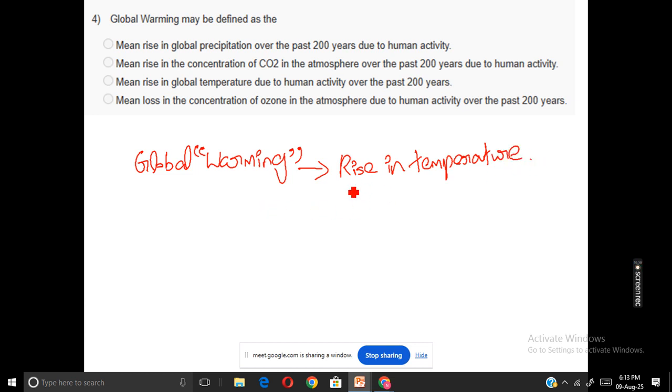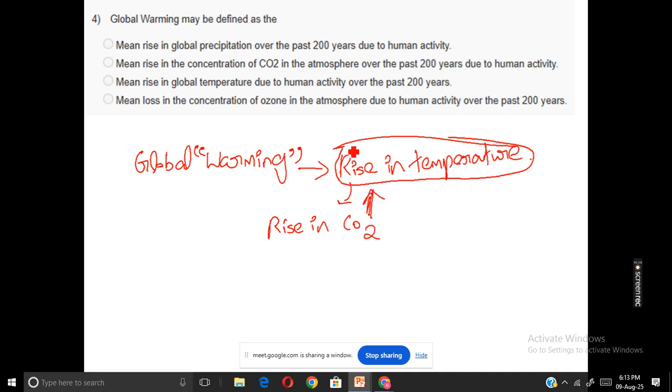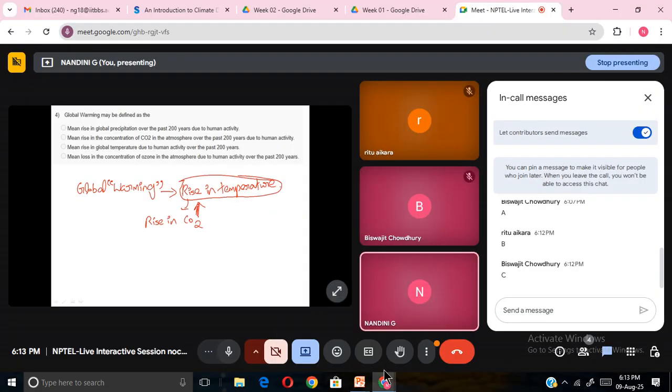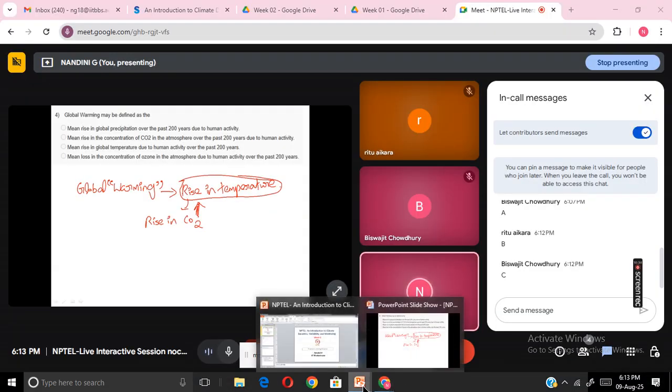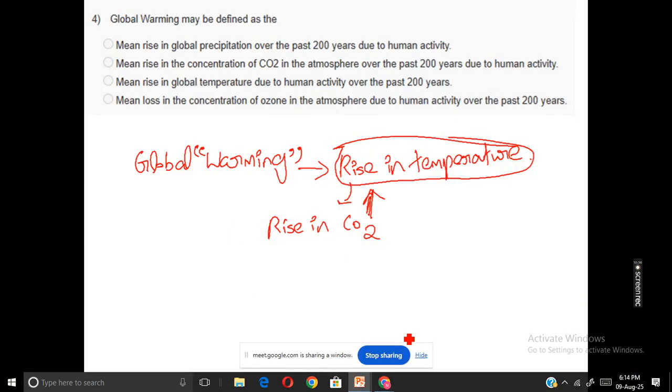And obviously, this is happening because of a rise in CO2. This rise in temperature is a consequence of the rise in carbon dioxide. Okay. So the answer is C, not B.